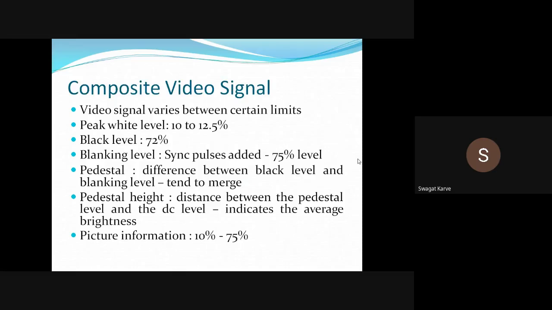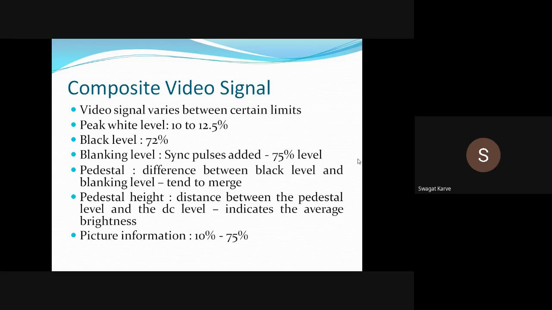Okay. Now, composite video signal, we will talk about some features of this composite video signal. Now, it varies between certain limits, that is 10 to 12.5%. Black level is 72%. Blanking level, that means synchronous percent, is 75% of the total DC level.